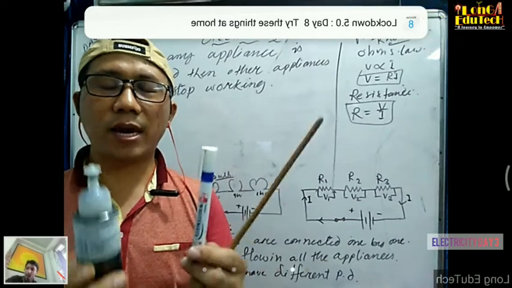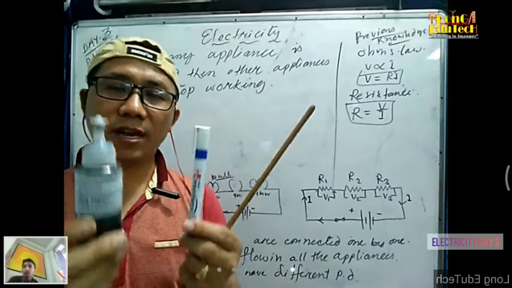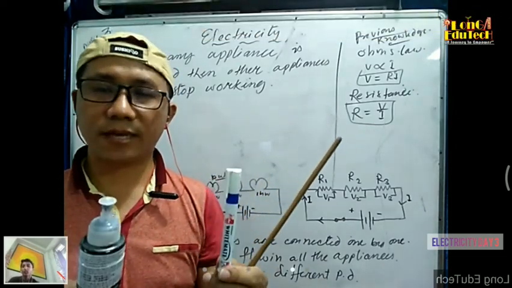That's why they used to have different distributions of this potential difference.